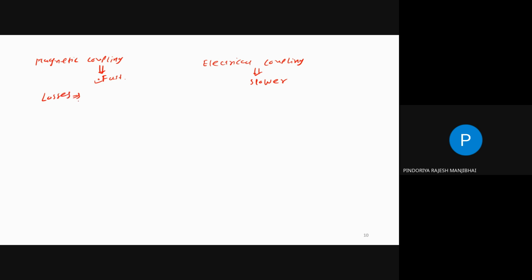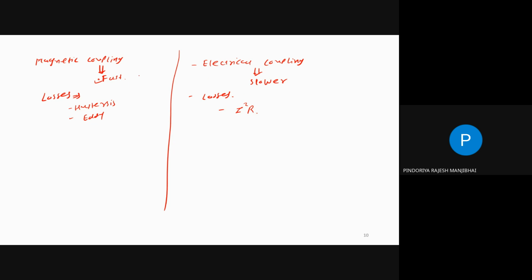What about losses in magnetic coupling and electrical coupling? In magnetic coupling, sir, there are two losses, hysteresis and eddy current losses, while circulating fluxes in the core. And in electric coupling, there is I square R loss.